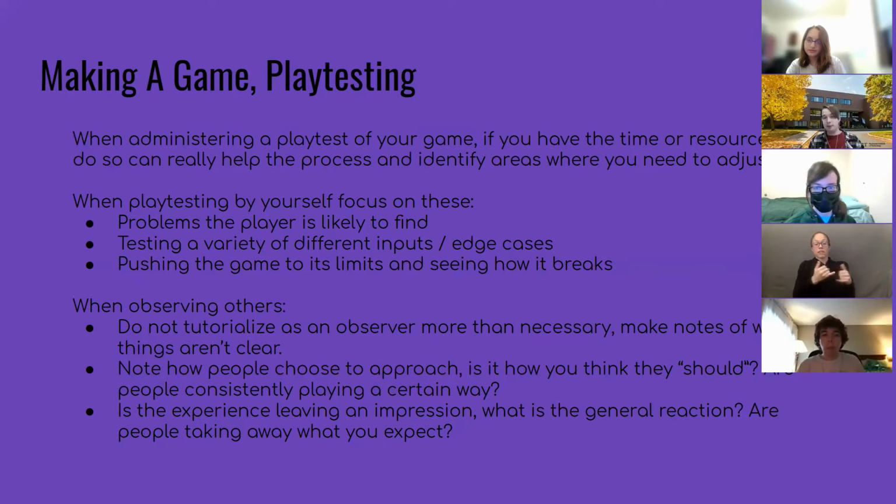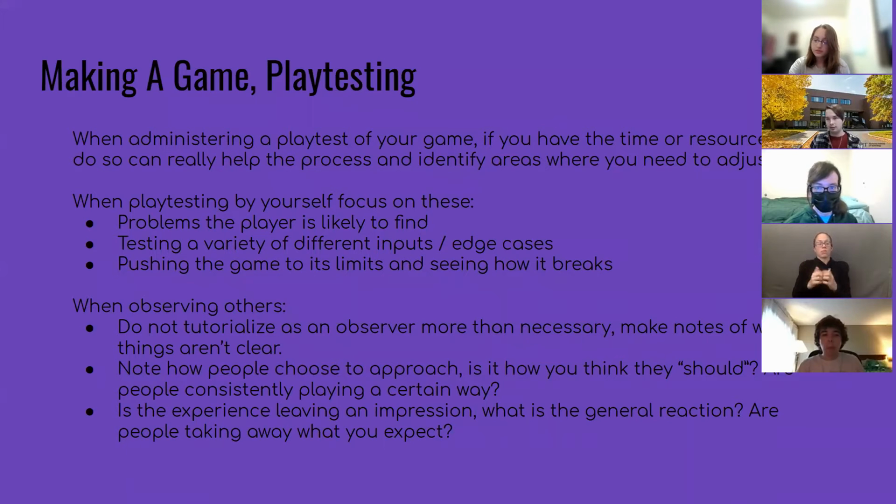Then when you're playing by yourself, you're looking for completely different things. You're more acting as a quality assurance engineer. You already know how the game is supposed to be played. You already know, from point A to point B, everything there really is to know about the scenario. What you're trying to do is see, okay, how can this break?